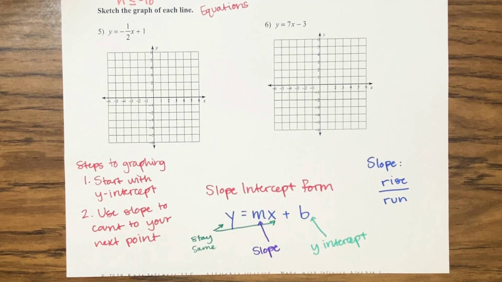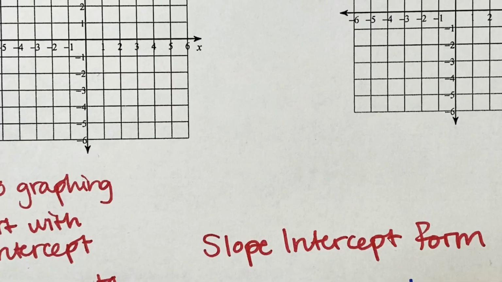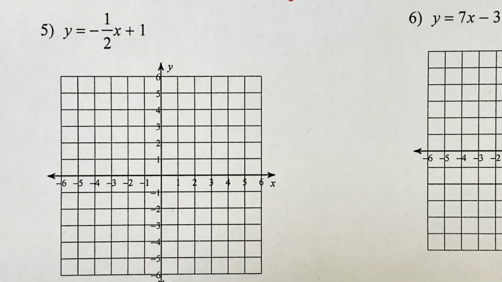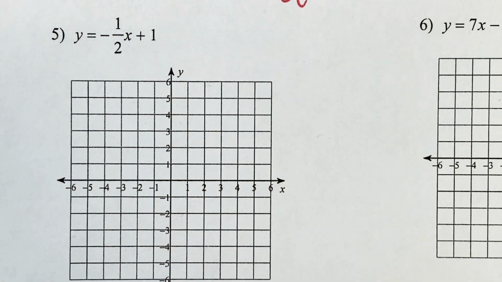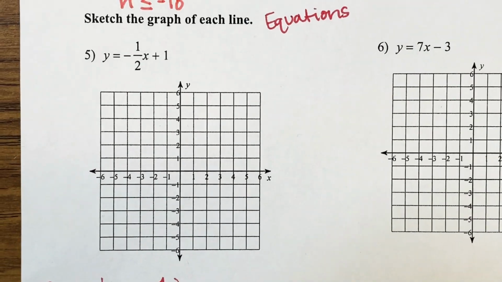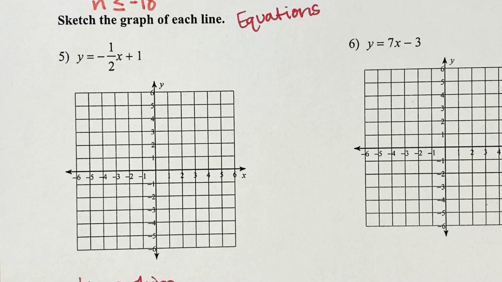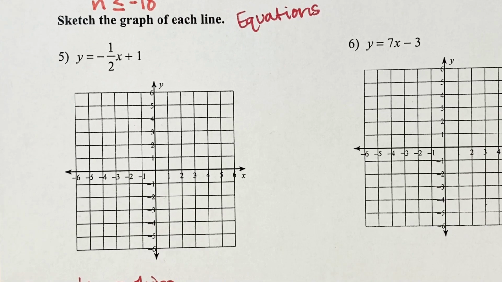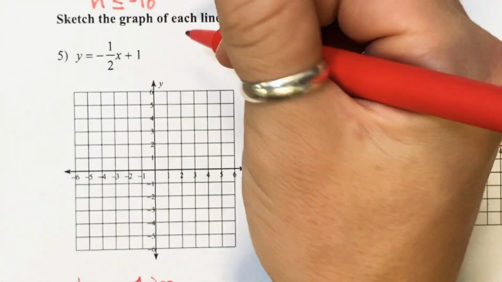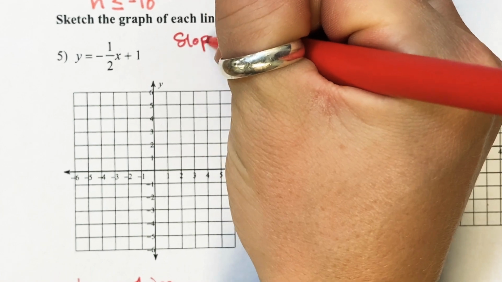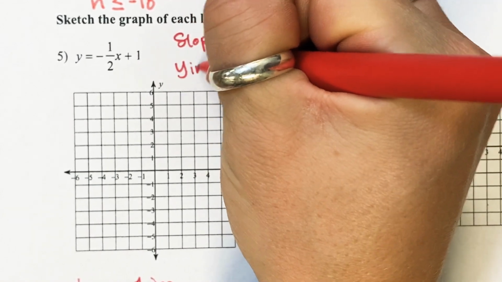So let's look at number 5. Let me zoom out just a little bit so we can see our steps. The first thing I want us to do is identify what is our slope and what is our y-intercept.